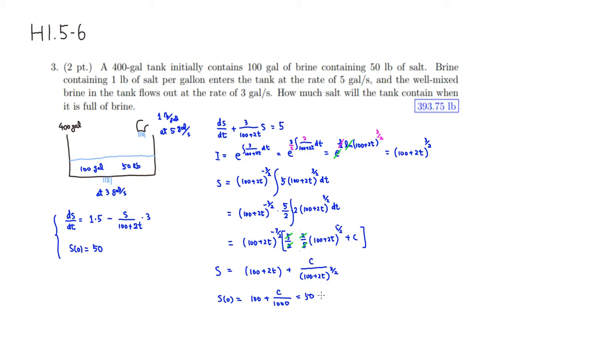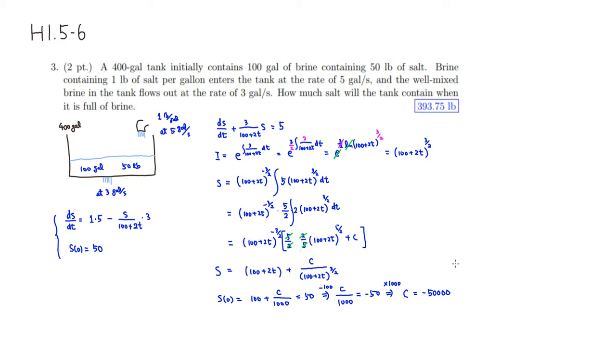Right, so we can solve this by subtracting 100. So c over 1000 is equal to negative 50. Right, and then we're going to multiply through by 1000. We get c is equal to negative 50,000.